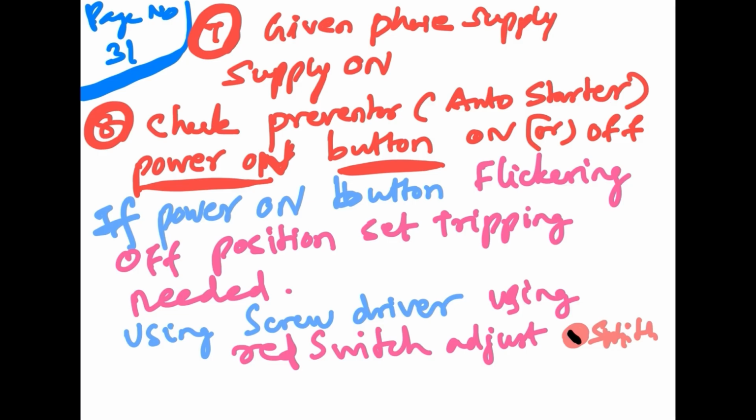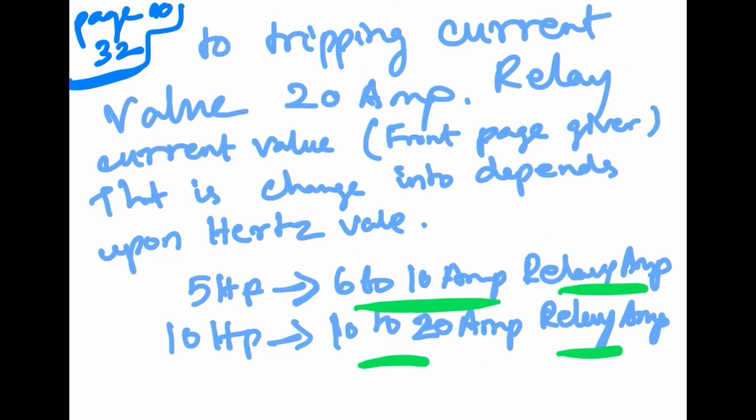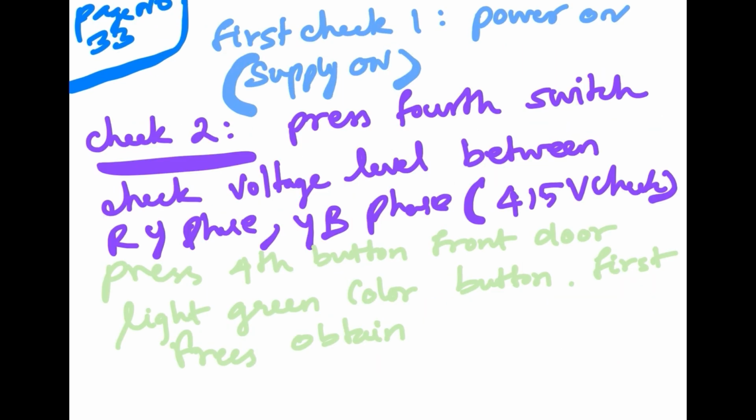Using a screwdriver, adjust the red screw type switch to set the trip current, for example to a tripping current value of 20 amperes. The relay current value is given on the front page and depends on the rating. On the front door control panel, for example, a 5 HP motor has a relay current of 6 to 10 amperes, and a 10 HP motor has a relay current of 10 to 20 amperes.